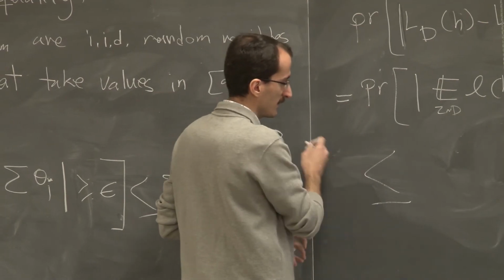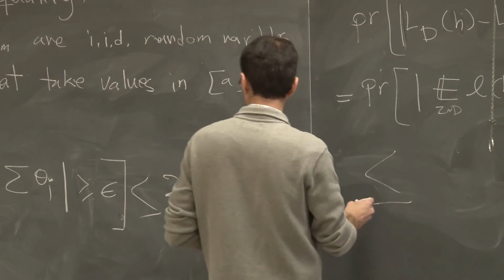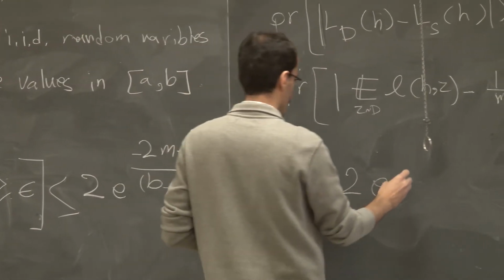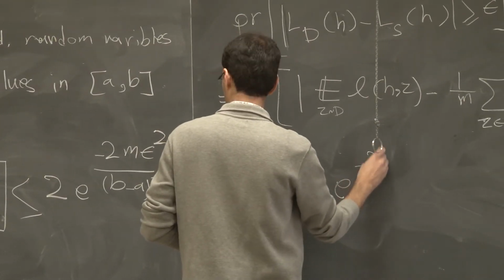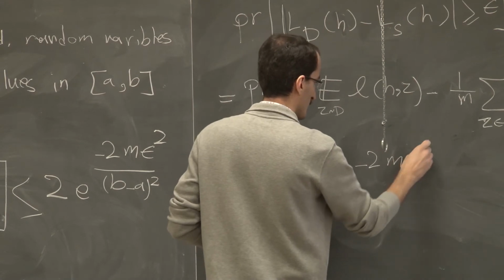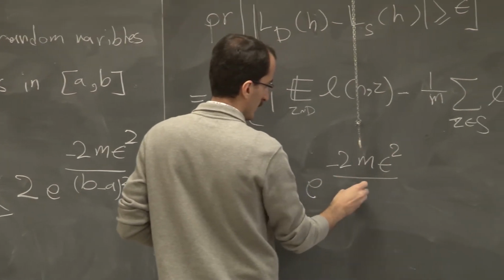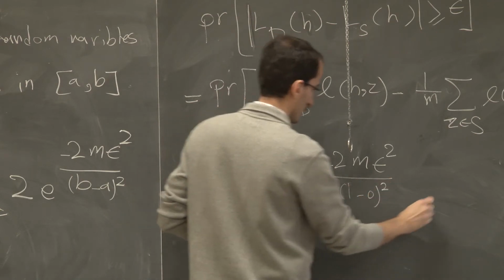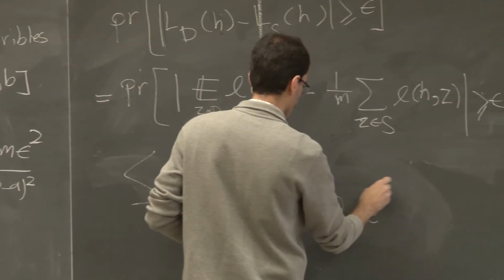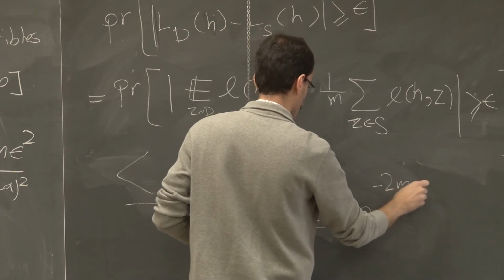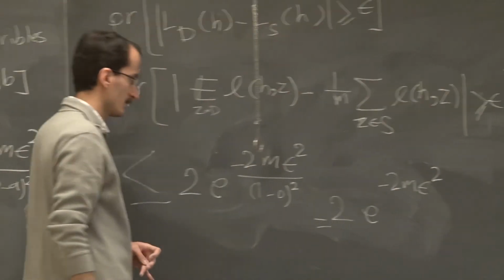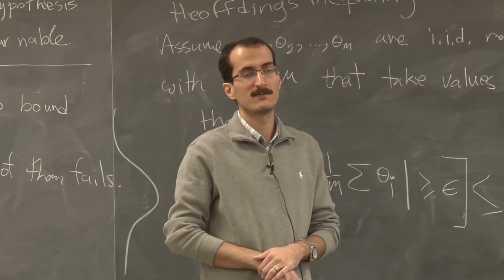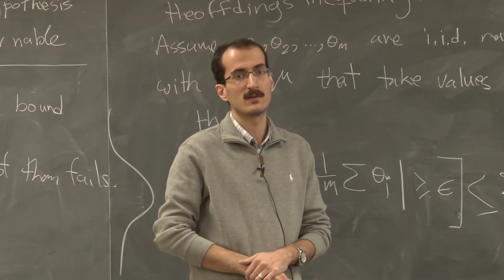So based on Hoeffding's inequality, I can say that it's less than 2 e to the minus 2m epsilon squared. But b and a are 1 and 0, so it will be just this. So that's the probability of failing for one single hypothesis.